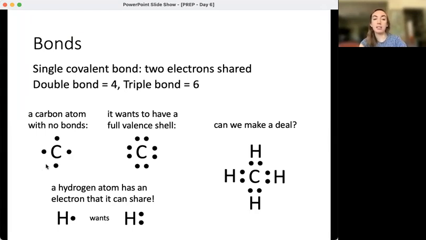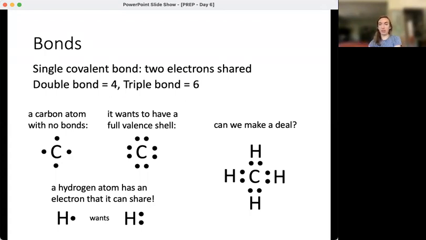So a carbon needs 4 bonds. It could also have 2 double bonds, or 1 single bond and 1 triple bond. So it needs 4 total electrons from friends. Does this make sense? So the key thing to remember is carbon wants 4 bonds, hydrogen wants 1 bond.